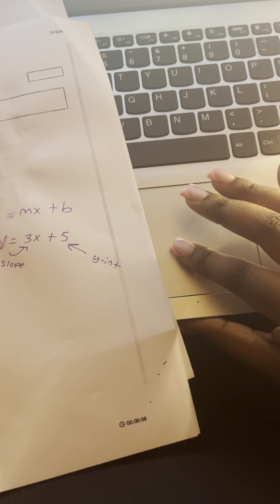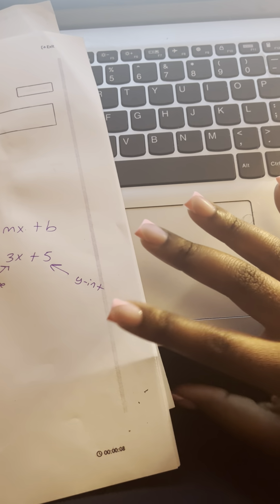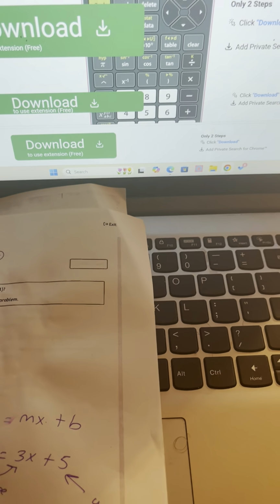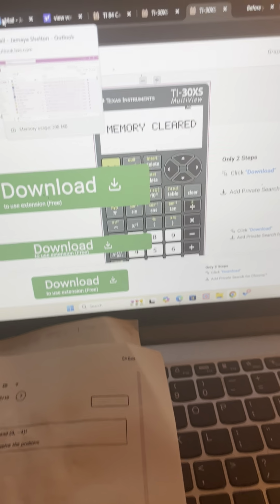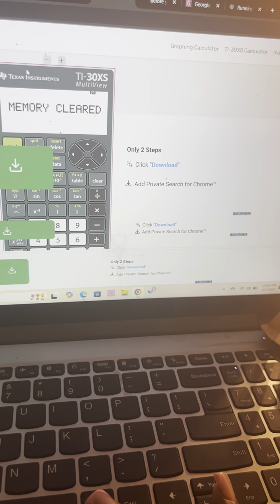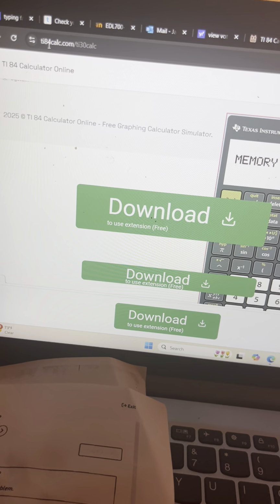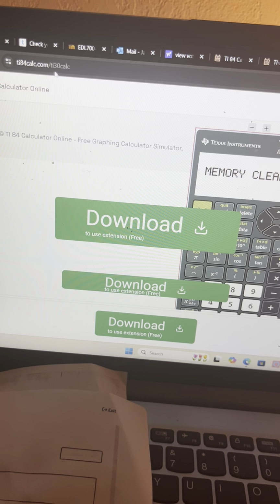Hold on. Let me refresh it right here. Excuse my curlicues, y'all. So right here, you can always go on this website to practice. It is ti84calc.com.